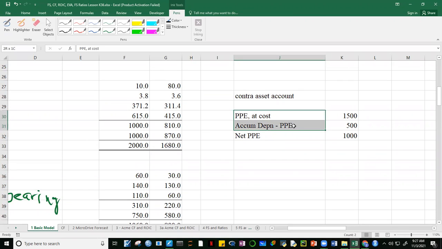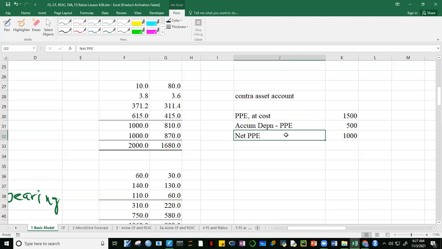You can be given the cost of the PPE, and then we include with it the accumulated depreciation, the contra asset account, to arrive at the net property, plant, and equipment. So another way to present your PPE is just to show the net PPE. So these are two different ways to present your PPE in the balance sheet, including the cost plus accumulated depreciation, and then with the net PPE or just the net PPE.